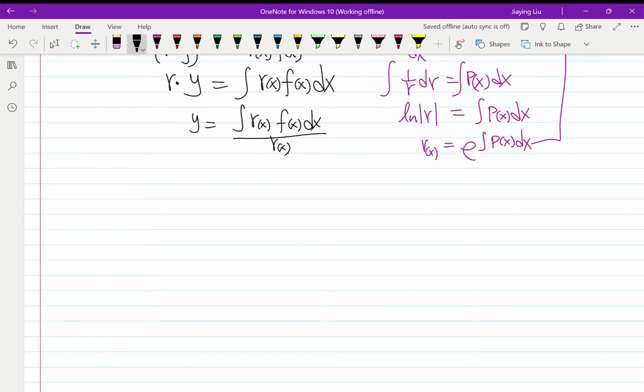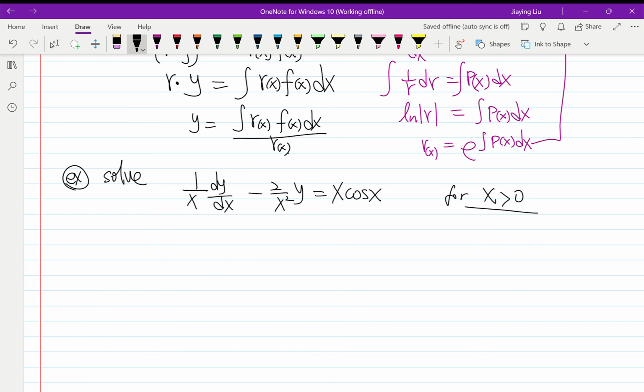So the example is, we're going to solve the differential equation 1 over x dy/dx minus 2 over x squared y equals x cosine x, for x positive. Don't worry about the condition at the end. Let's just solve for y there.